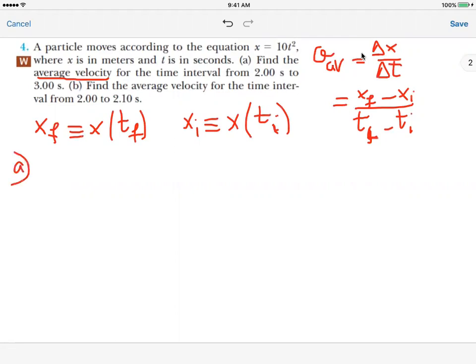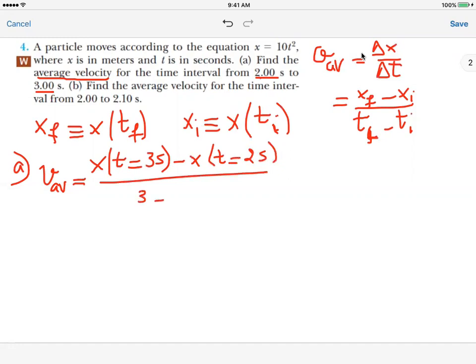In part A, v average is equal to x final minus x initial over delta t. They are asking for the average velocity for the time interval from 2 to 3 seconds. That means that t final is equal to 3 seconds and t initial is equal to 2 seconds. So that results in x evaluated at time t equals 3 seconds minus x evaluated at time t equals 2 seconds, divided by 3 minus 2.